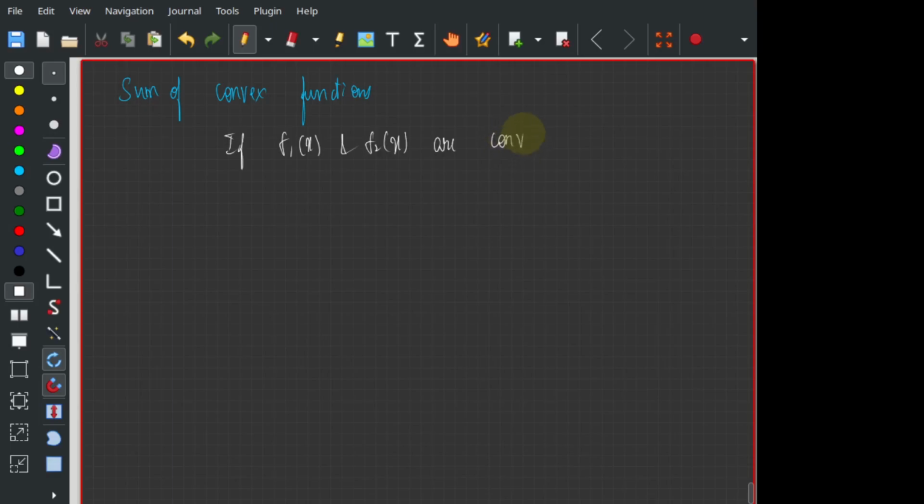Let's say that they're convex. Then what kind of linear combinations is going to give us a convex function?